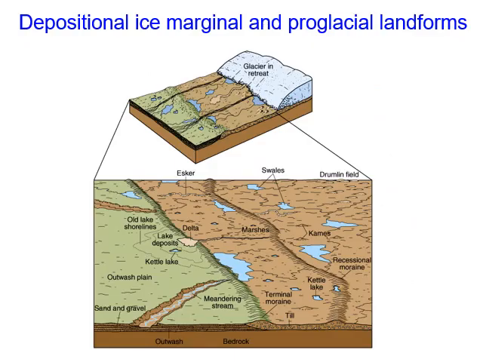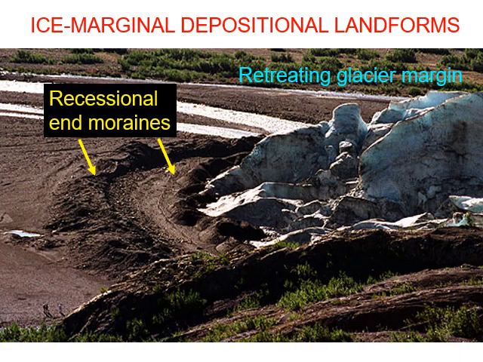So now we go from the subglacial landforms to the ice marginal and the proglacial landforms. Ice marginal moraines form obviously at the margin of the glacier, so they're easier to study because we can actually see it at present still.